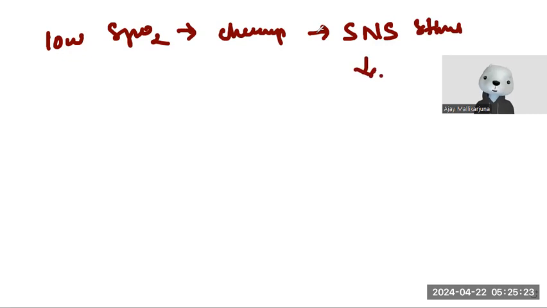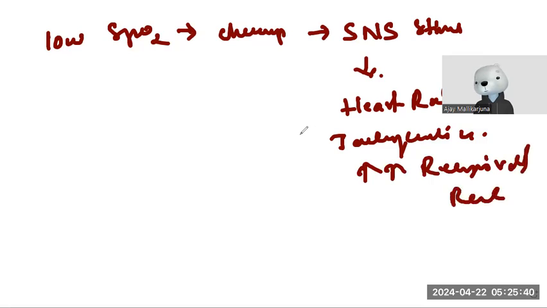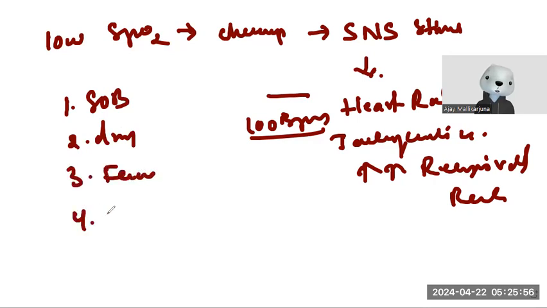Automatically you will see symptoms like increased heart rate, tachycardia, and an increased respiratory rate. The heart rate may be about 100 bpm. So you have seen the symptoms: SOB, second dry cough, number three fever, number four tachycardia. Through the pathophysiology only, we get the symptoms.